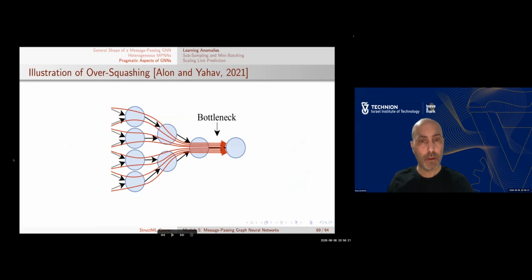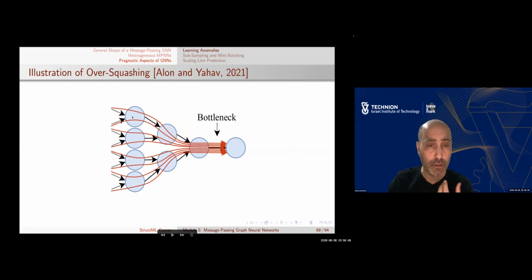And this one is an illustration of over squashing. This is due to work that was done at the Technion, where you can see that the information that you have from these long distance nodes flows into our target node. And you see that we have here this bottleneck.